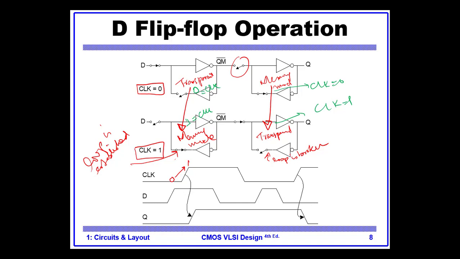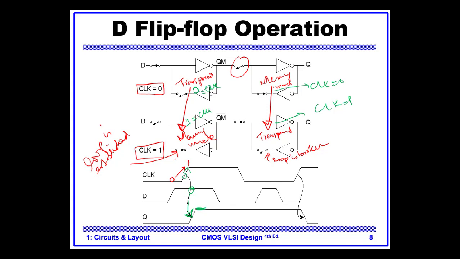It means that when D was waiting, D is allowed at this point. It is sampled and allowed to go to the output on the positive edge.